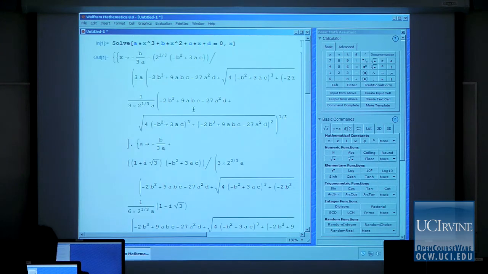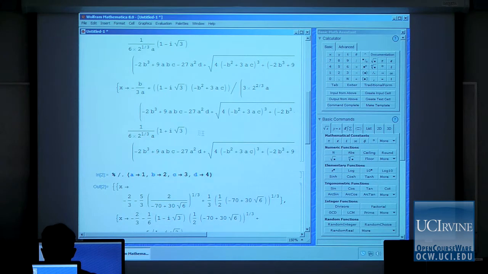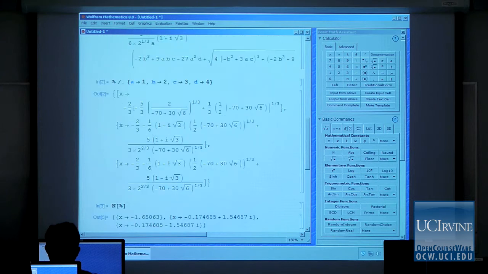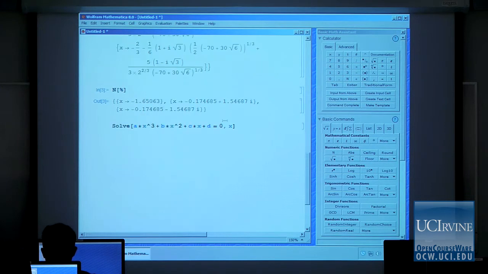Well, one thing we could do is combine this, put that back down here, and then add the replacement rules to the end of the equation. So we could put that right here.